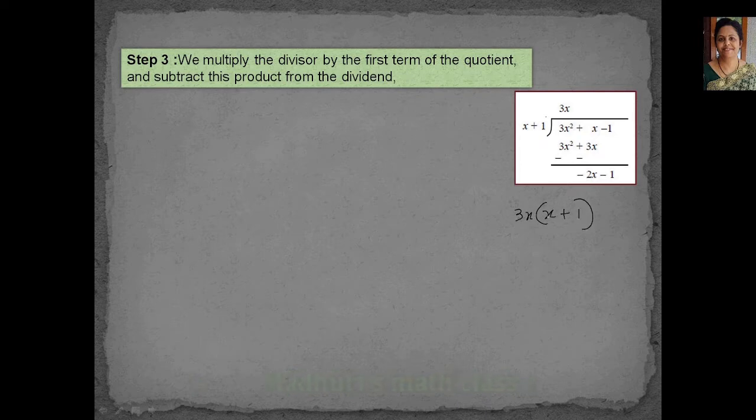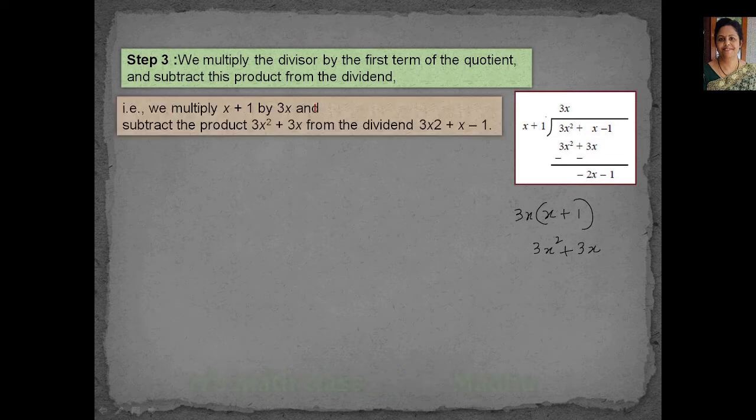So 3x into x is 3x squared plus 3x into the next term 1, that is 3x. Now we subtract the product 3x squared plus 3x from the dividend 3x squared plus x minus 1. So what you will get? 3x squared minus 3x squared is 0. x minus 3x is equal to minus 2x.